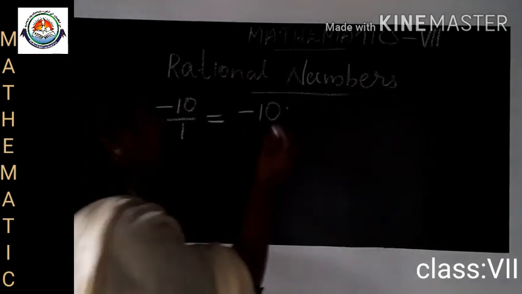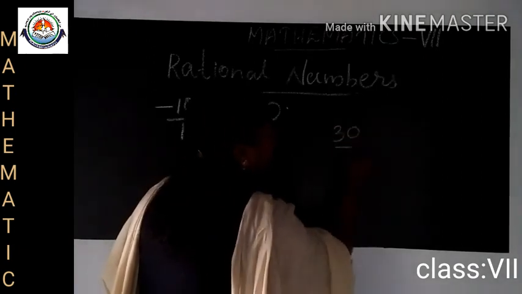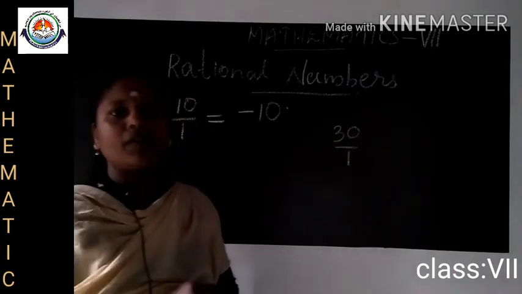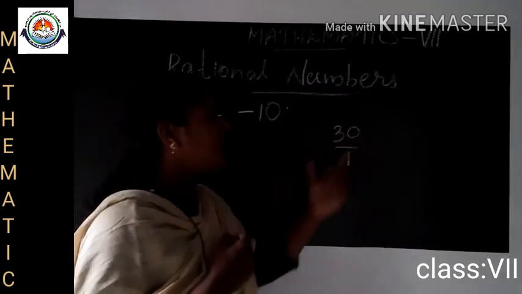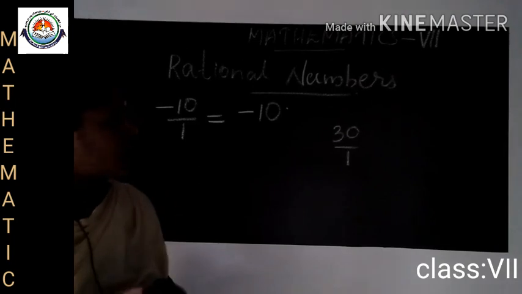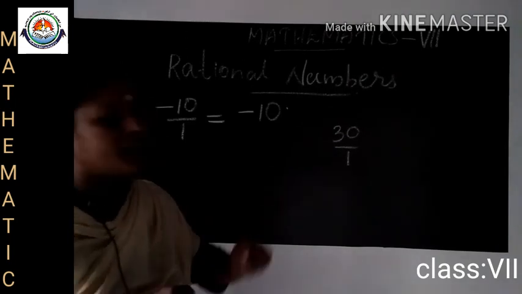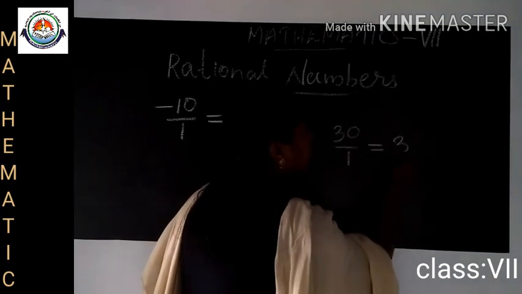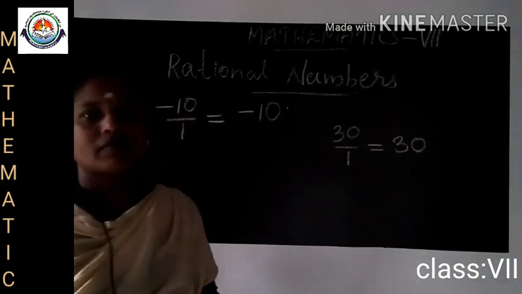One more question, 30 by 1. It is a rational number. We need to express this as an integer. How can we? Here also the denominator is 1. Therefore 30 by 1 is 30 itself.